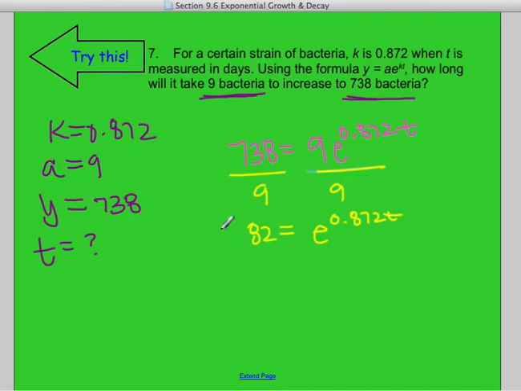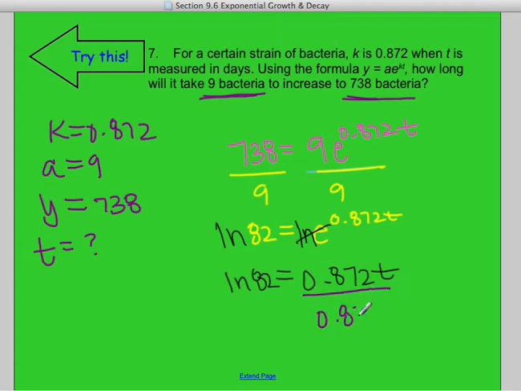Once again, my variable is in my exponent, so I need to get rid of it. So with e, we use natural log on both sides. So I have natural log of 82 is equal to, remember these are going to cancel, and I'll just be left with 0.872t. My last step would be to divide by 0.872.